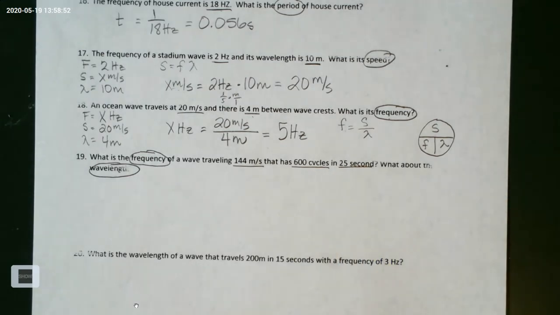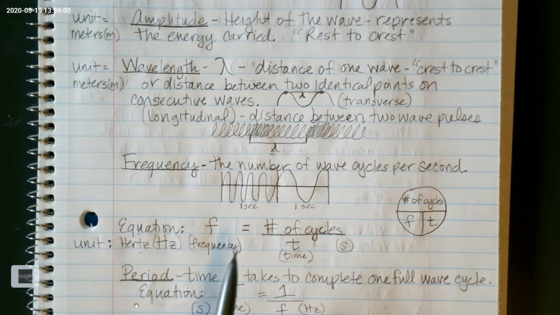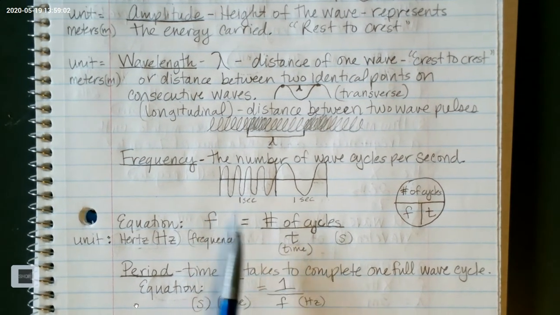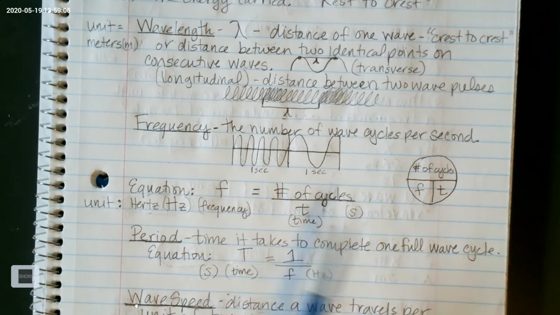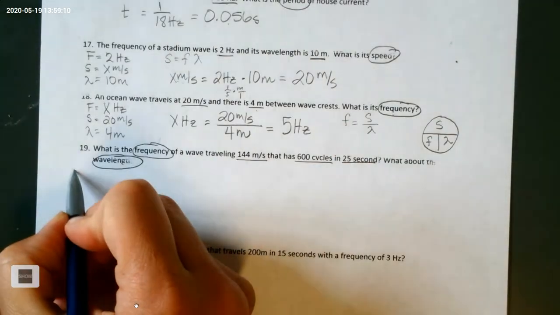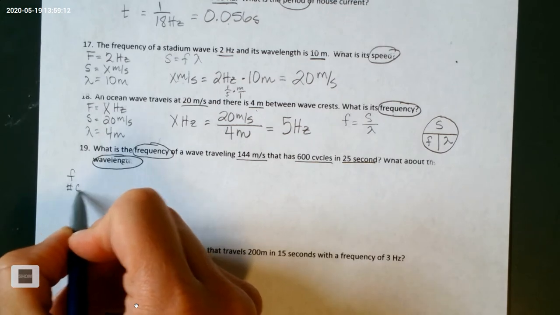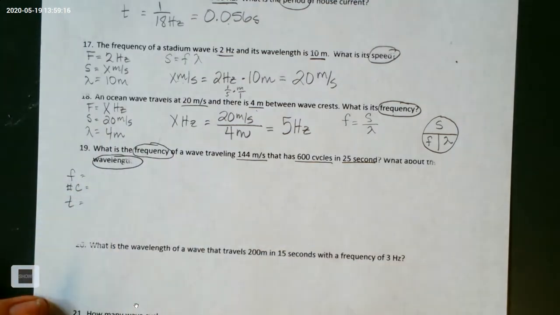So let's start with frequency because we're given enough information to find the frequency based on the equation for frequency, which is frequency equals the number of cycles divided by time.